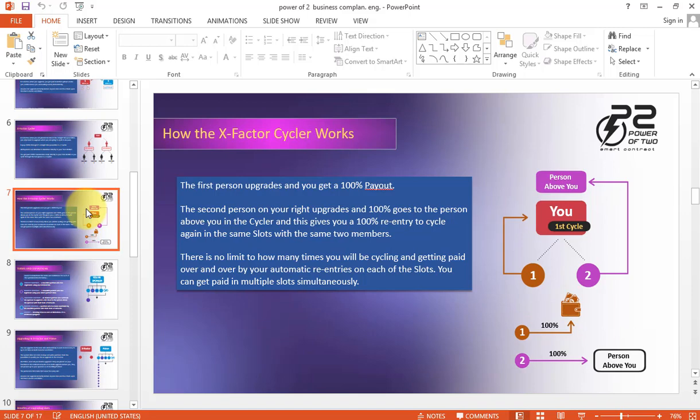All right, here shows how the X Factor cycler works, and you can see it diagrammed beautifully here: this is shown as you, and those are your two referrals, or the two partners given to you. Now this is what happens when you're about to cycle out from the project. The very first payment goes directly to you, that is to your wallet, which is the Tron wallet, and it's 100%.